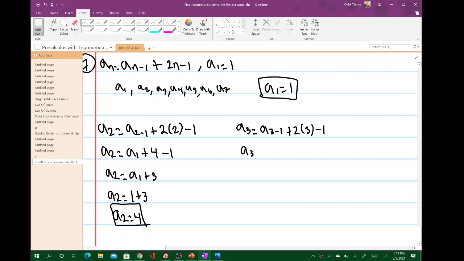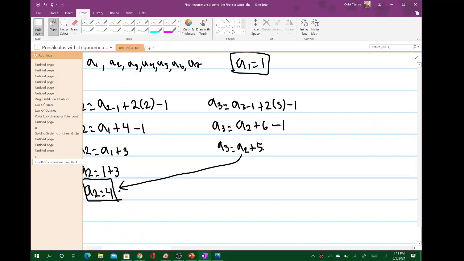This means that a sub 3 is equal to a sub 2 plus, and then 2 times 3 is 6 minus 1. So then it's a sub 3 equals a sub 2 plus 5. And we know what a sub 2 is. We found it right here, right? So we have a sub 3 equals 4 plus 5. So a sub 3 equals 9. Okay.